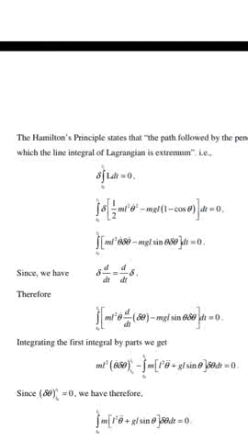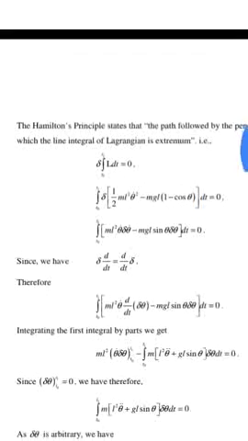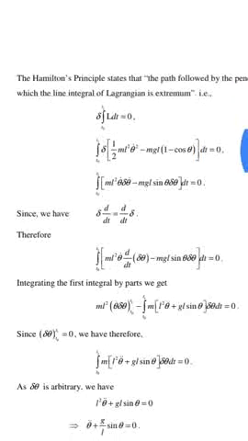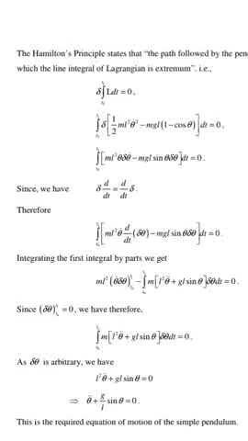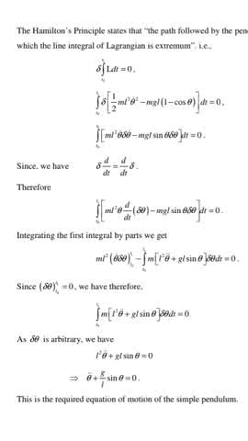Integral from t0 to t1 of δ[1/2 ml² θ̇² − mgl(1 − cos θ)] dt = 0. Integral from t0 to t1 of [ml² θ̇ δθ̇ − mgl sin θ δθ] dt = 0.